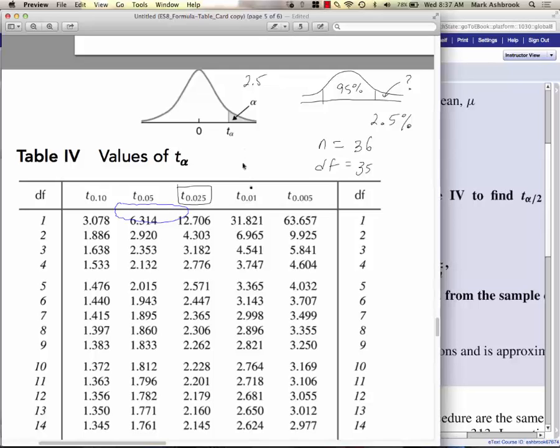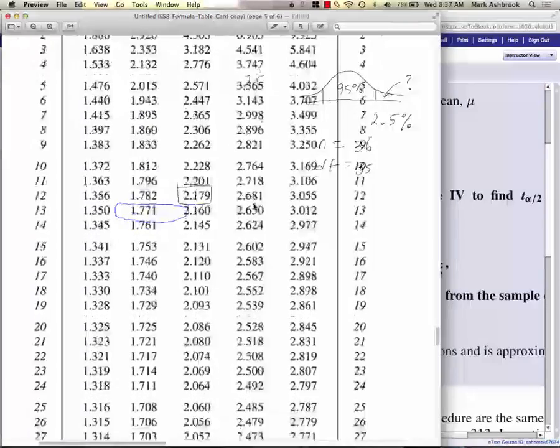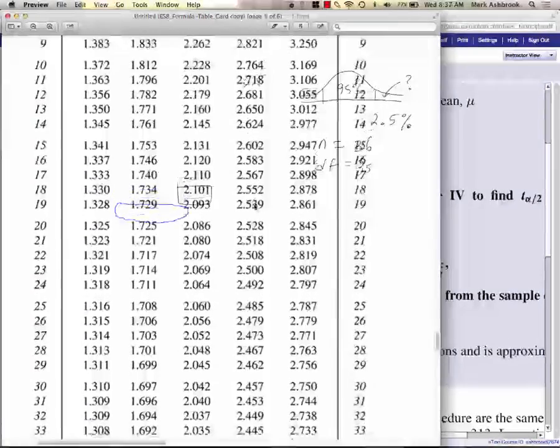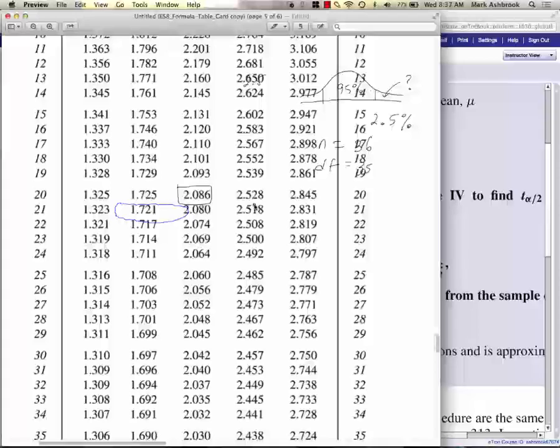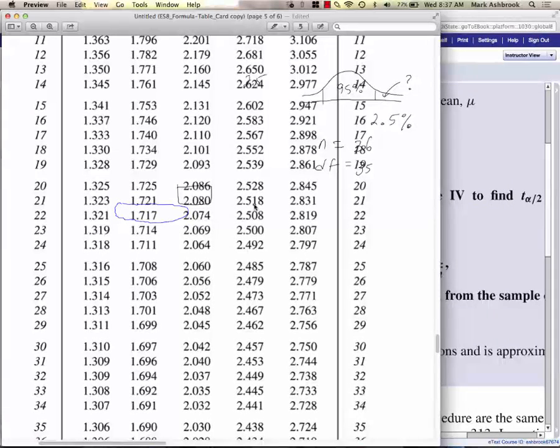So we go down in the chart, and we see that that is right there. So this was in my column for t of 0.025 for 35 degrees of freedom.